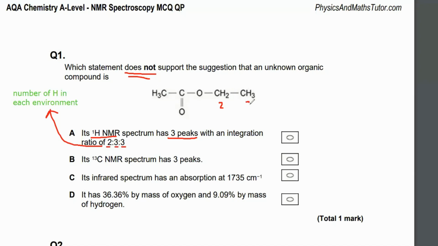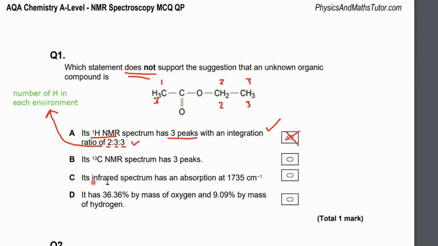So we've actually got exactly that ratio, so that does support it. Also, there's three peaks, three different hydrogen environments. We've got a methyl, we've got two methyls, but they're both connected to different adjacents. So actually this is the wrong answer, because this does support that structure.